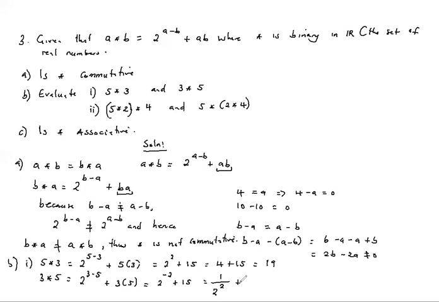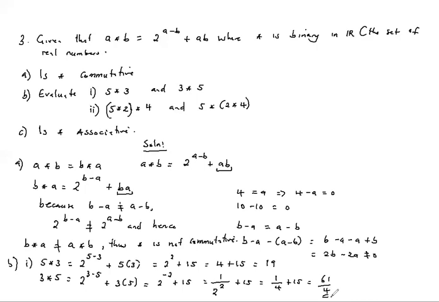I hope that doesn't confuse you. So we have 1 over 4 plus 15, which is the same as 15 by 4. We get 60 plus 1, which is 61 over 4. So for sure, star is not commutative, because I've found an example where 5 star 3 fails to be 3 star 5. They are not equal.